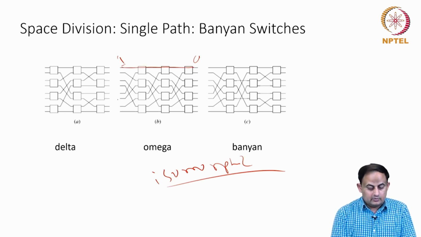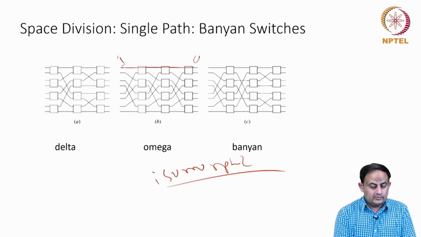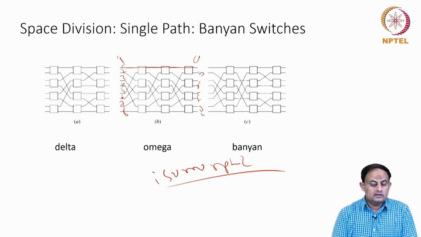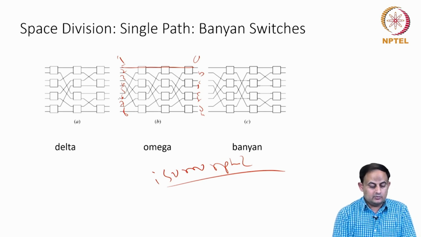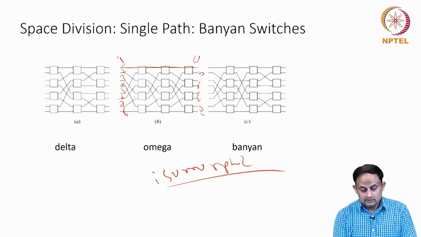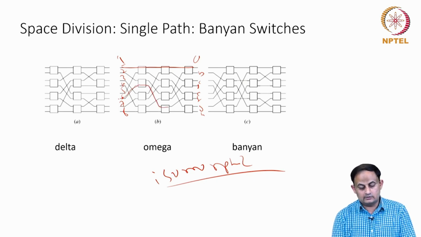Similarly, maybe I'll number these as 1, 2, 3, 4, 5, 6, 7, 8. There are 8 input ports, and the output ports A, B, C, D, E, F, G and H. Let's say I want to go from input port number 6 to F. How do I do that? Maybe I take this link, go here, and then go here, and here, and here.